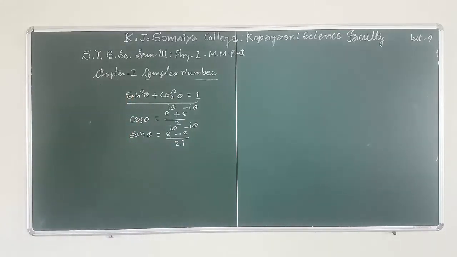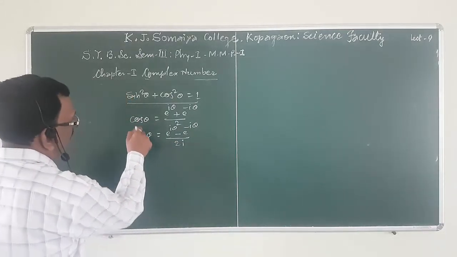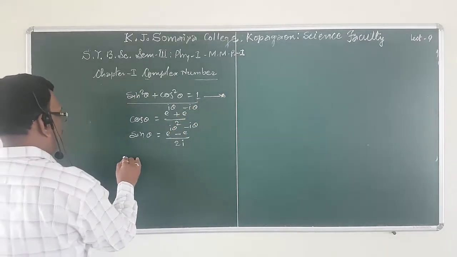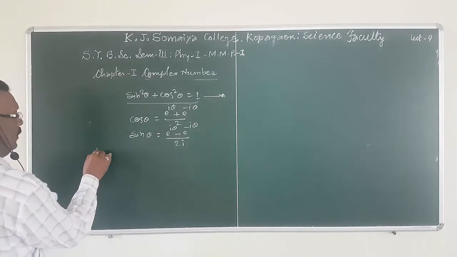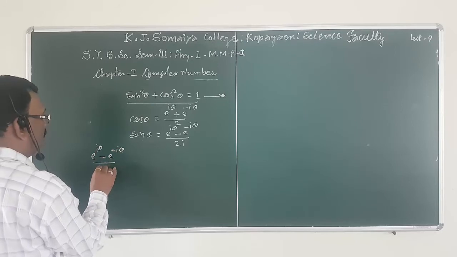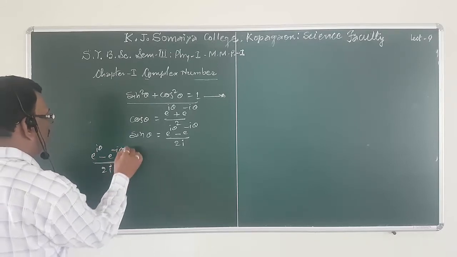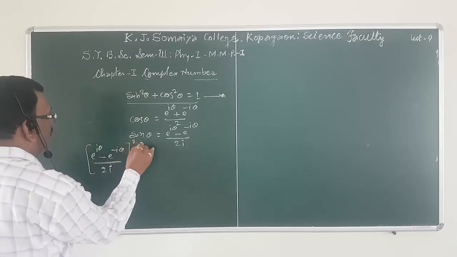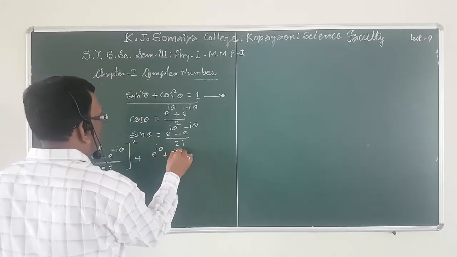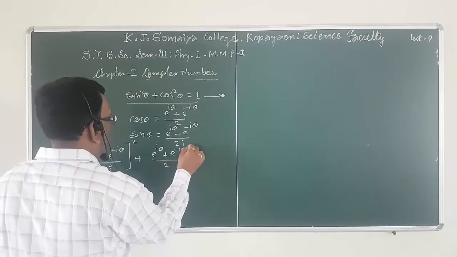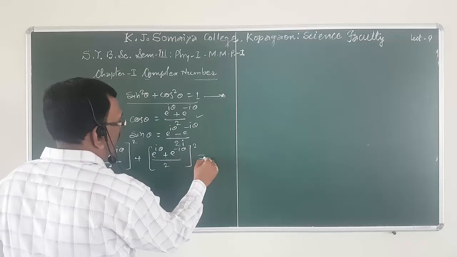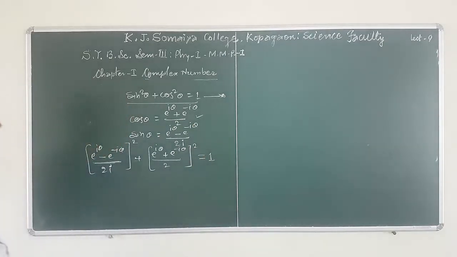Now, again substitute the value of sin theta and cos theta in the LHS of this equation. We have (e raised to i theta minus e raised to minus i theta upon 2i) whole square plus (e raised to i theta plus e raised to minus i theta upon 2) whole square, and this will be 1.